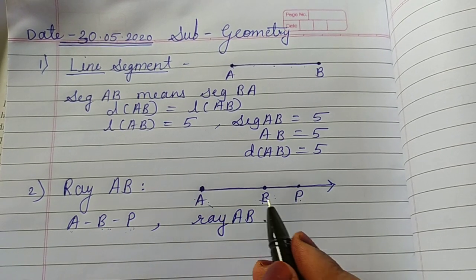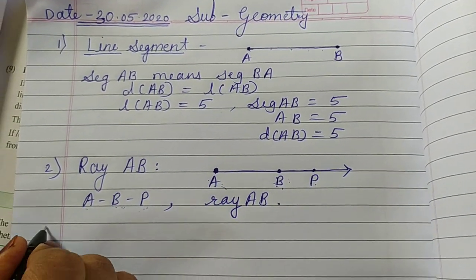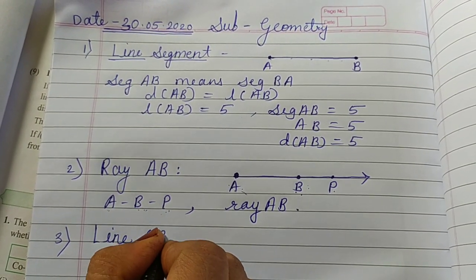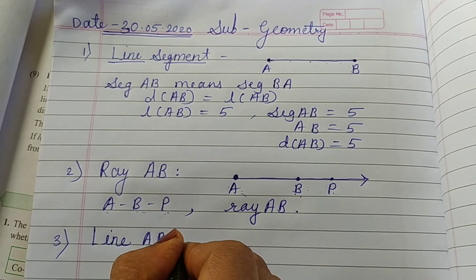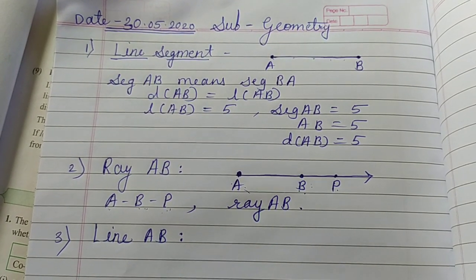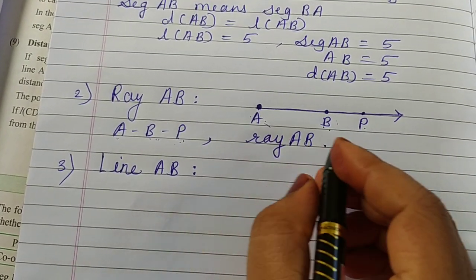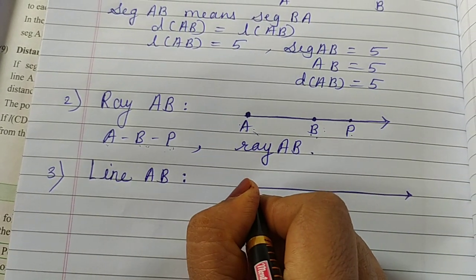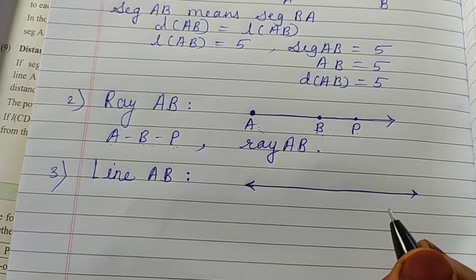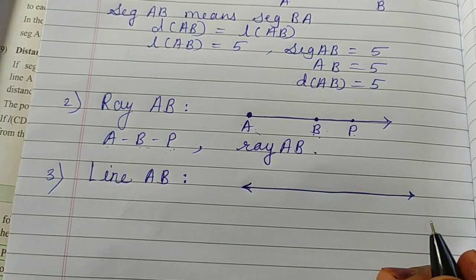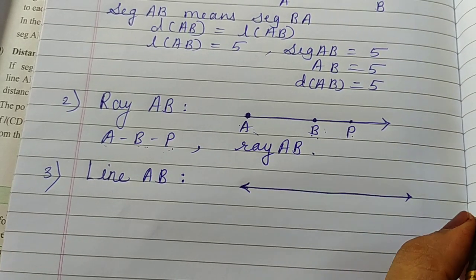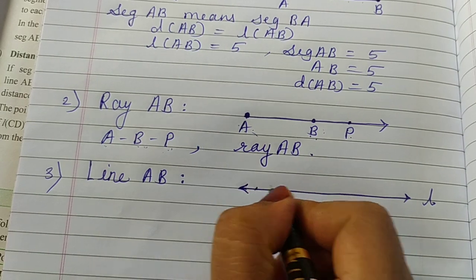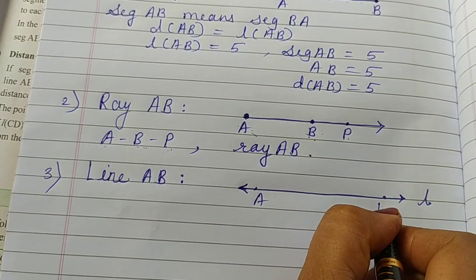Okay, understand? Now third thing we'll see, line AB. These are basic things. These things are very important. You have to keep in your mind. Line AB, line, as you know, line means any line. Line is unlimited at both the end. Line can be written by one letter also, line L, or you can write like this, line AB.